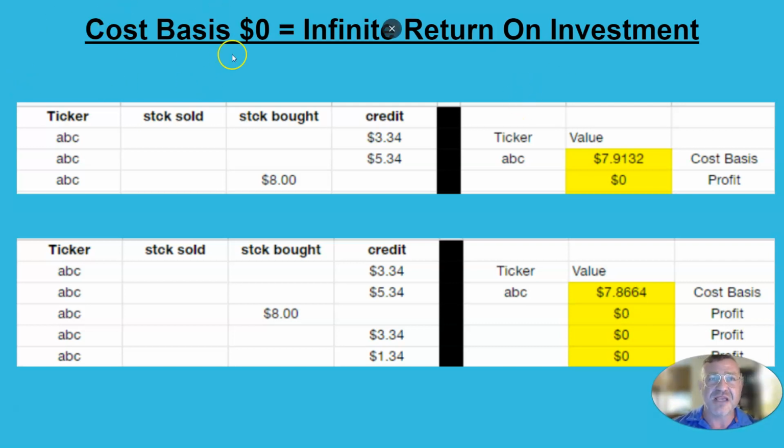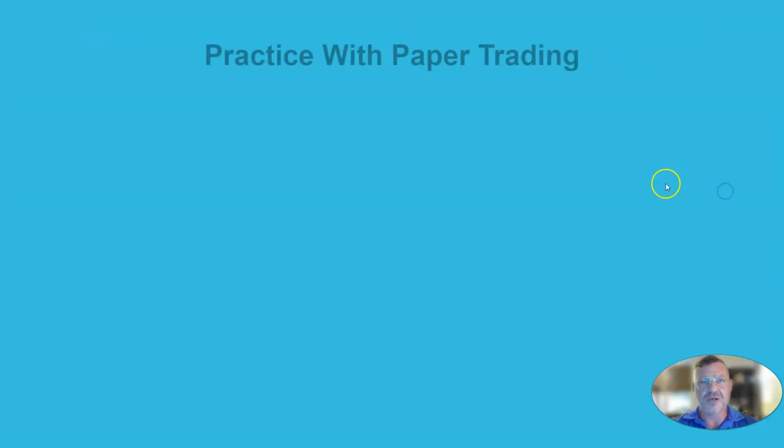You have a cost basis of zero, and Robert Kiyosaki is going to give you a high five because you have an infinite return on your investment. If you structure things properly, this is what can happen in a downward market. You can be in a position where your worst case scenario is not losing money. You can be in a position where your worst case scenario is you have a long-term golden goose laying golden eggs for you.